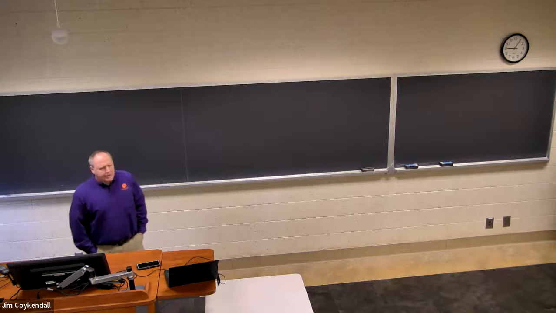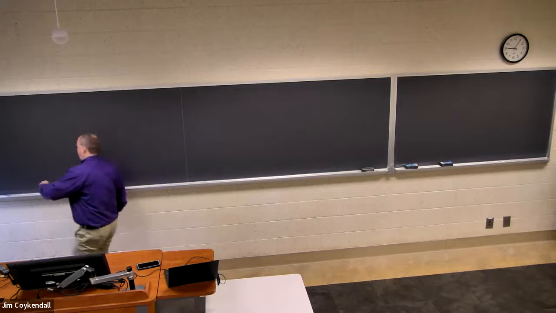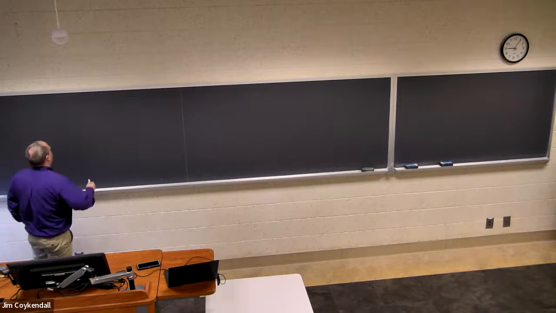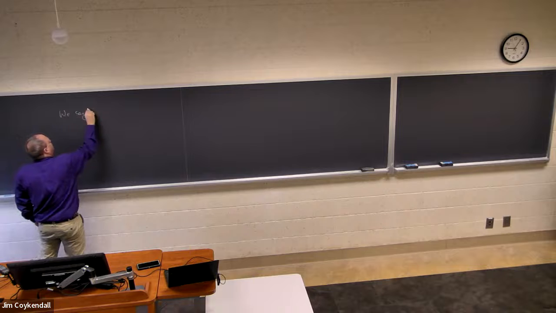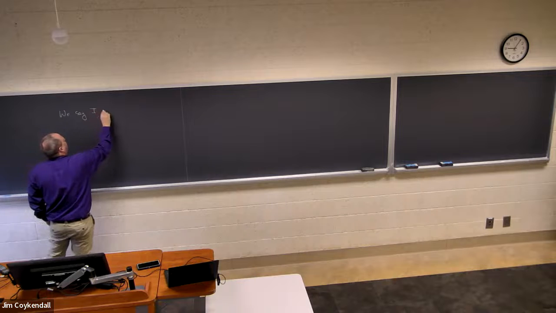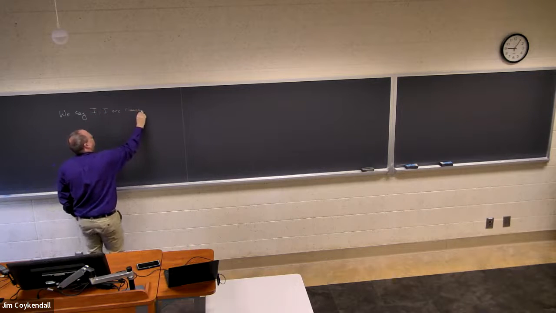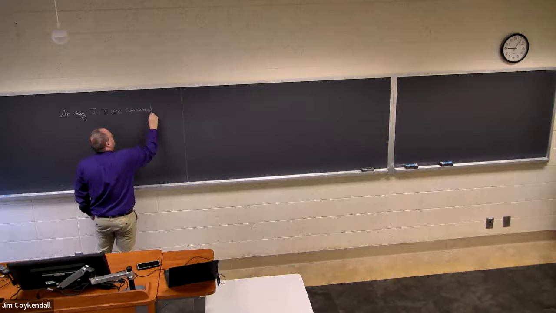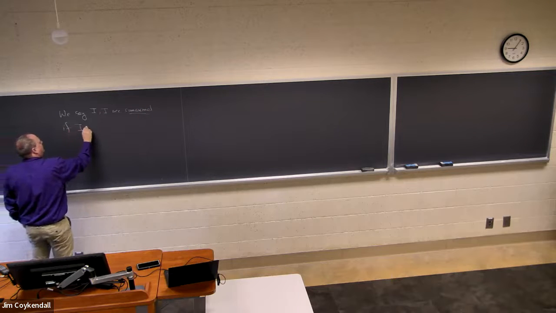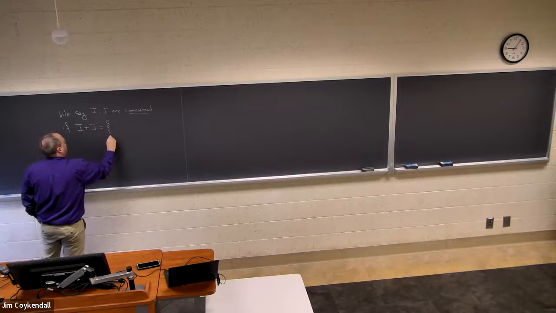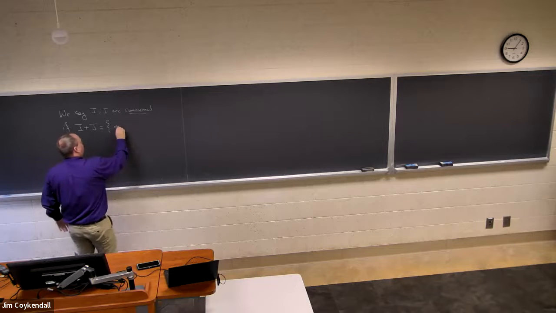Okay, so the last thing we were talking about was this. There's a couple of things that we say. I'm going to remind you what the sum of two ideals is. This is just practical stuff.